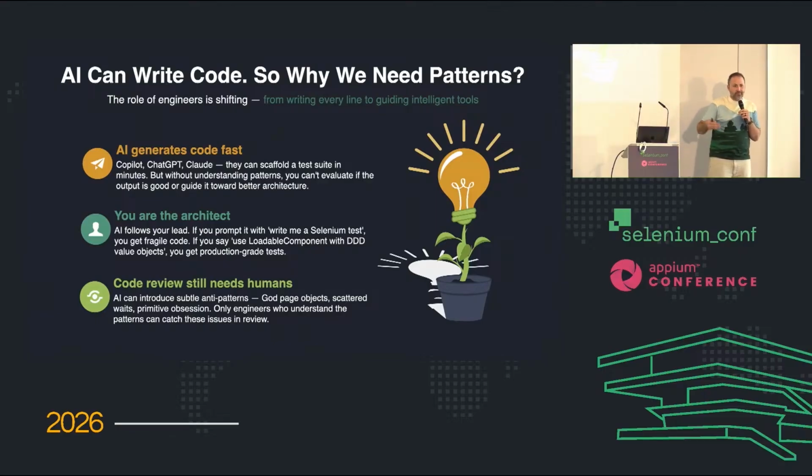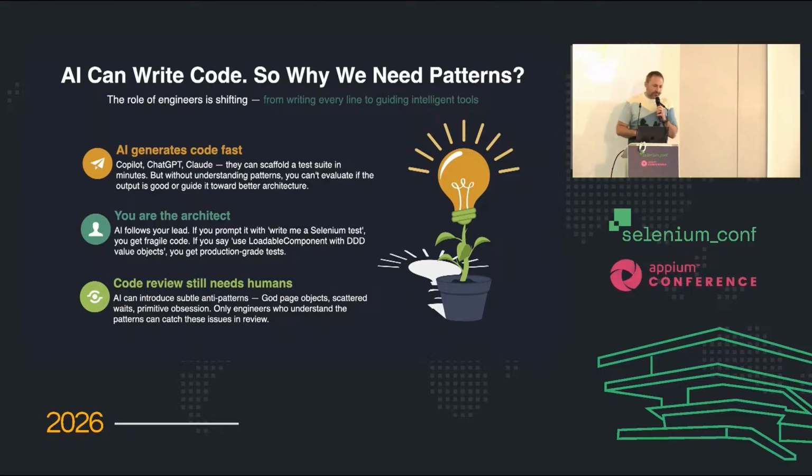So you will be burning fewer tokens, getting the same result, if you know what you want from the AI. And the last one is that human review is still needed, because the AI can sometimes go somewhere that we don't want it to go, especially with God page objects, scrapped weights, primitive objectives. So sometimes we need a review to see what AI actually did.